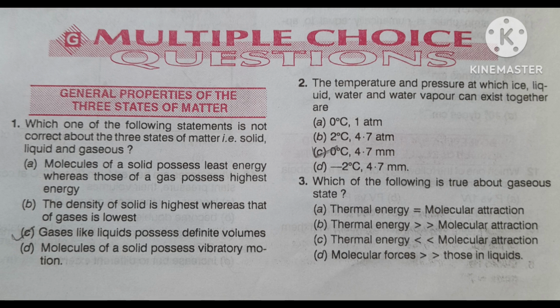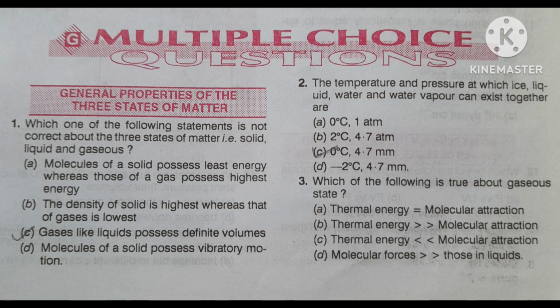Again, you listen. Ice, liquid water and water vapor can exist together. What is the temperature and pressure? The options are given. First, 0 degree centigrade and 1 atmospheric pressure. Second option, 2 degree centigrade and 4.7 atmospheric pressure.